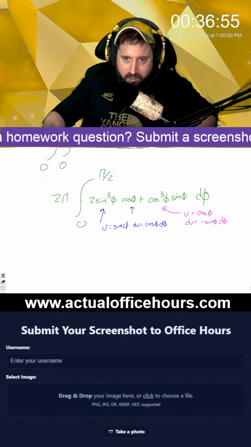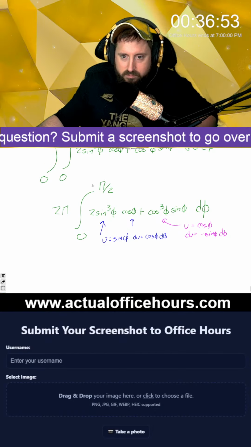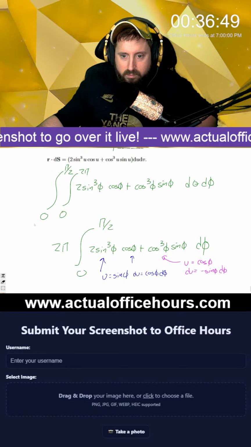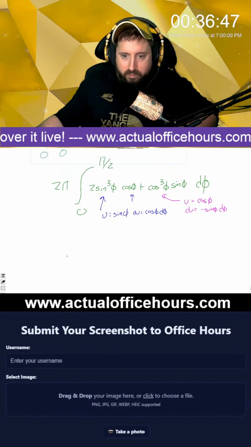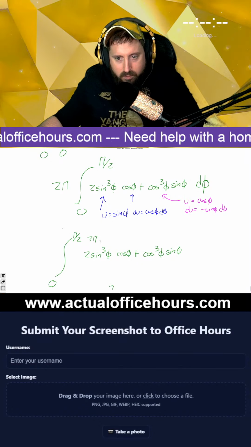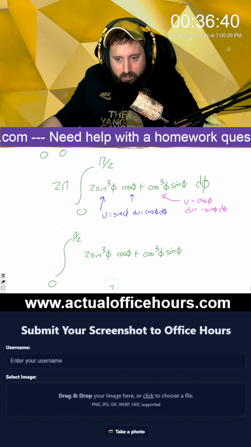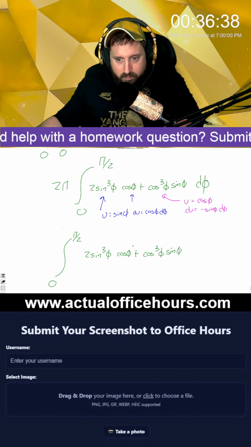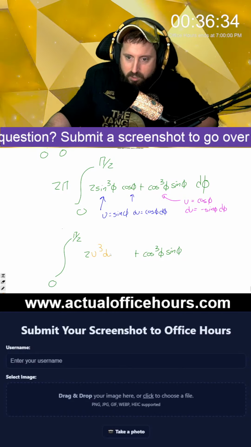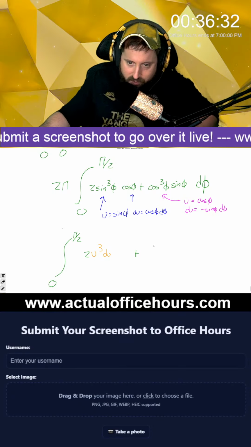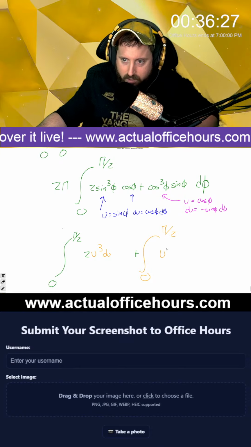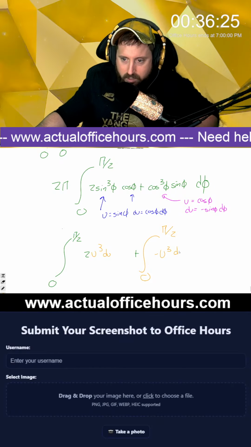So this is the same thing as... So let me copy this down real quick. All right. So this is 2 u to the third du plus, I know this is a separate integral, 0 to pi over 2, and then it's negative u to the third du.